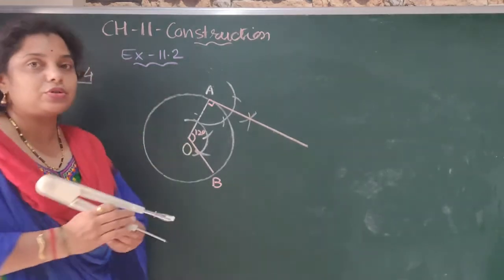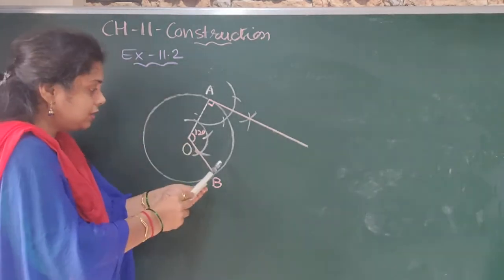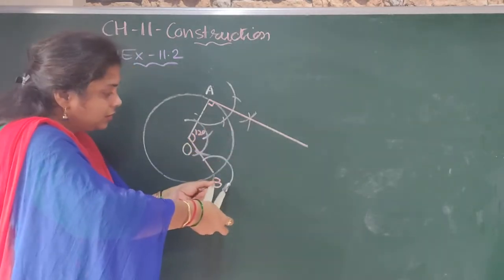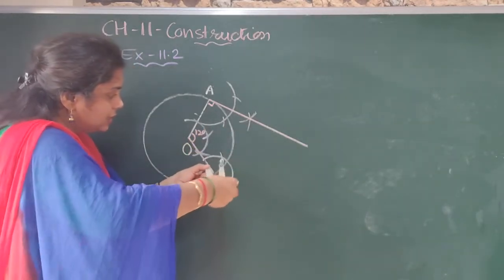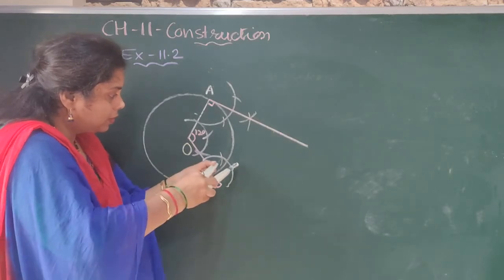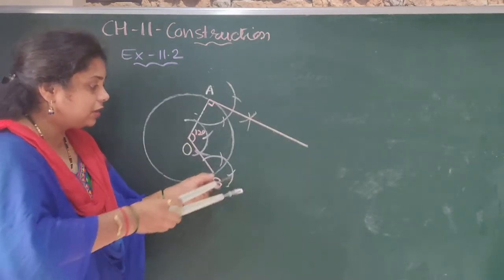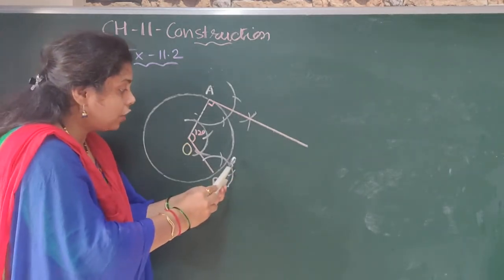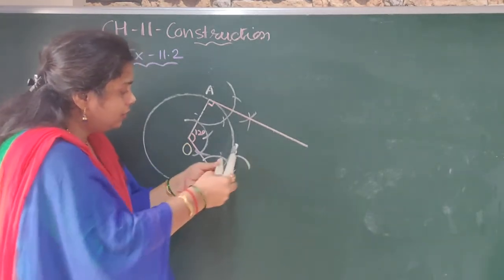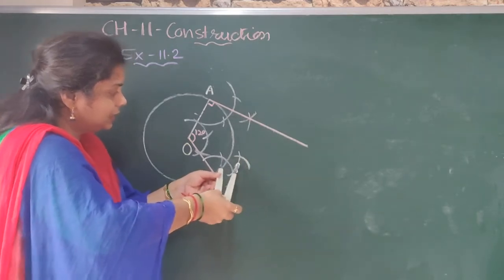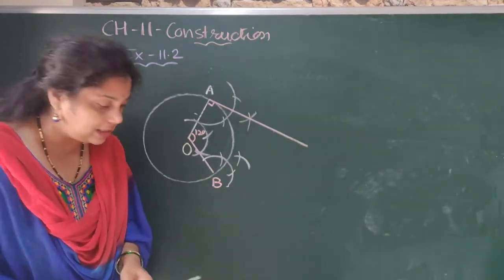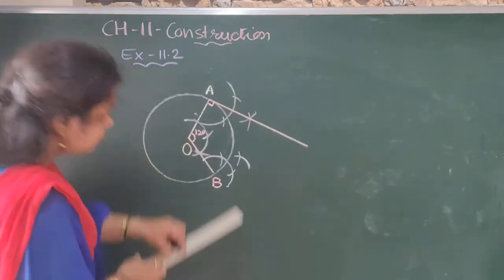So again the same procedure. Take any arbitrary radius with center B and make an arc from inside, 60. Again, one more arc will give you 120. We want 90 degrees, so between 60 and 120 is the 90 degree mark.